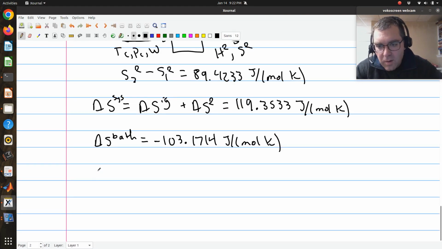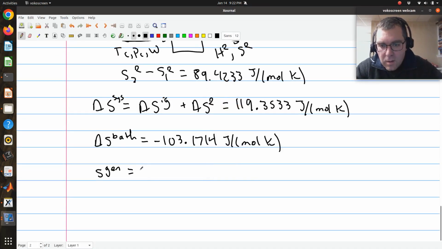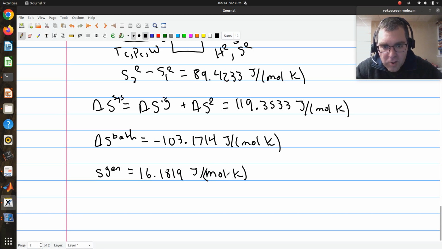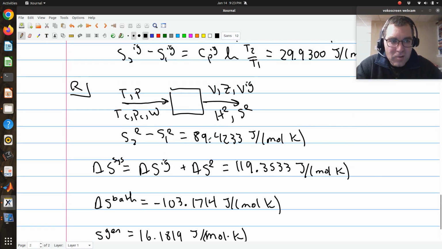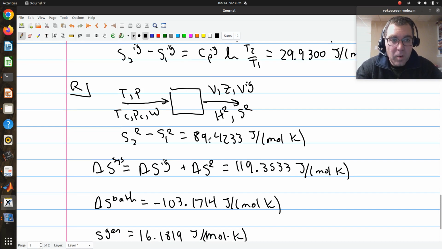And then finally Sgen, my entropy generation, is 16.1819 joules per mole Kelvin. And my entropy generation is positive. Cool. So Sgen is greater than 0, all checks out.